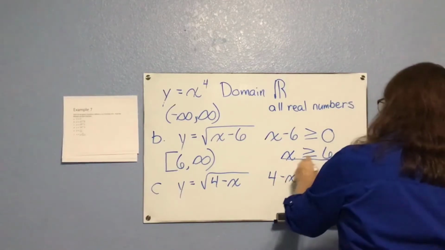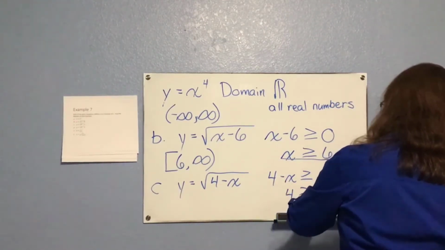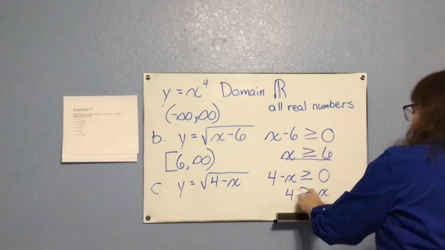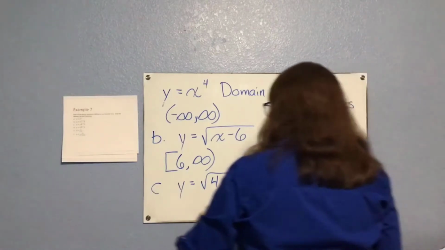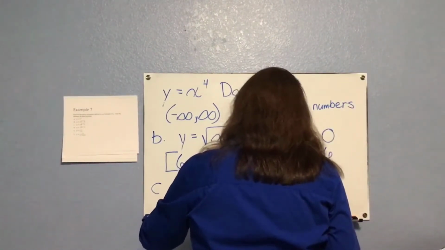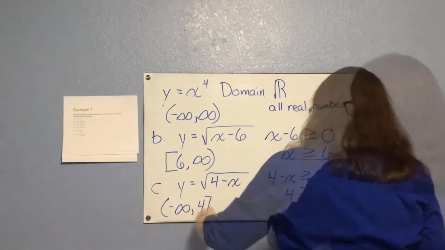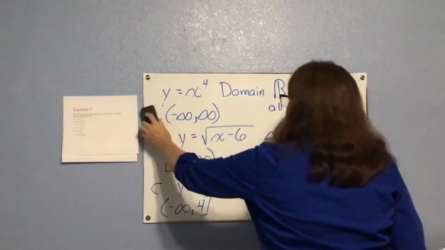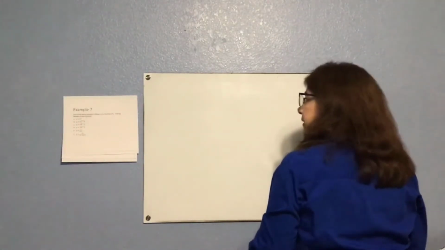And now we're going to move the x over, so we'll have 4 greater than or equal to x, or we say x less than or equal to 4. So interval notation would look like this, from negative infinity to 4. Wait, there's more. How about this?